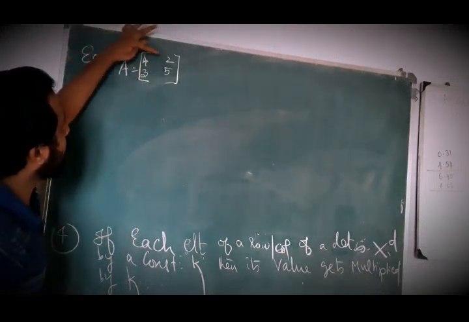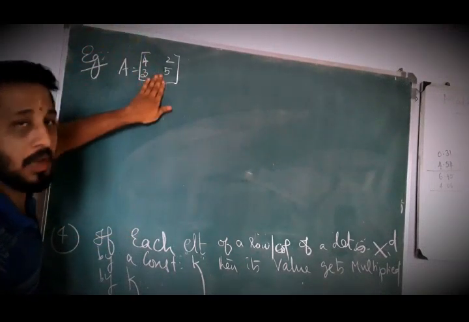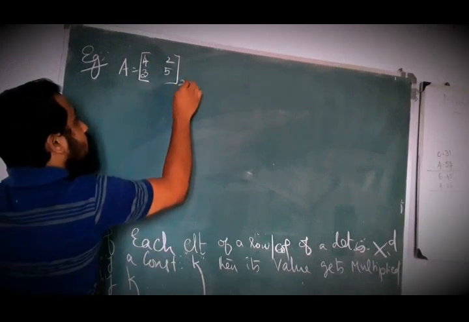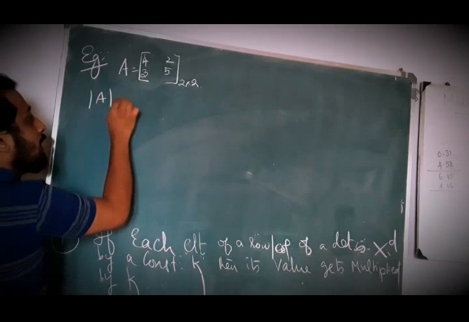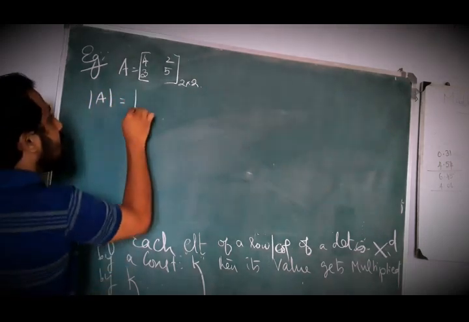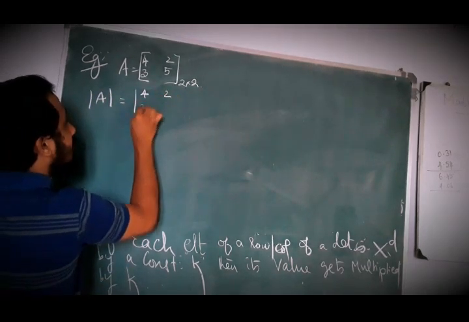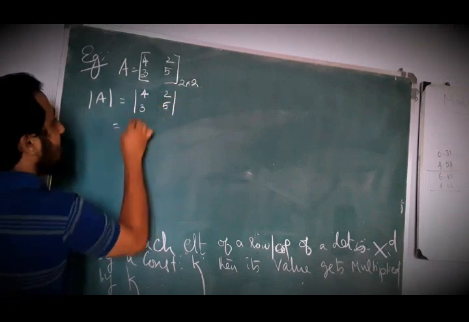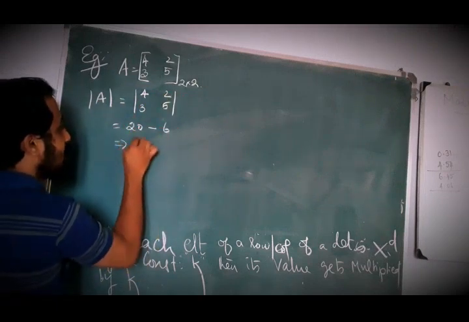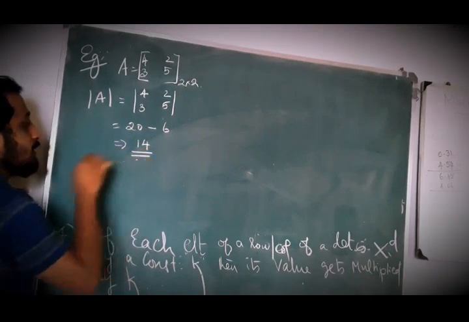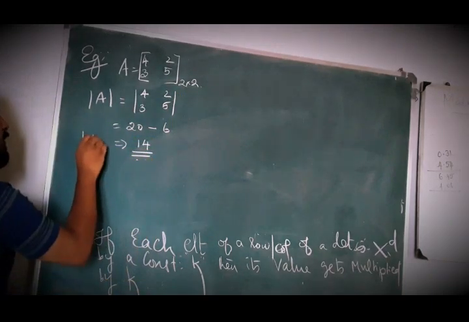Capital A is equal to 4, 2, 3, 5, which is a square matrix of order 2 by 2. I am going to find the determinant of A. Determinant A is the determinant of 4, 2, 3, 5. That is 5 fours are 20 minus 3 twos are 6. So 20 minus 6 is 14. So determinant A is 14.